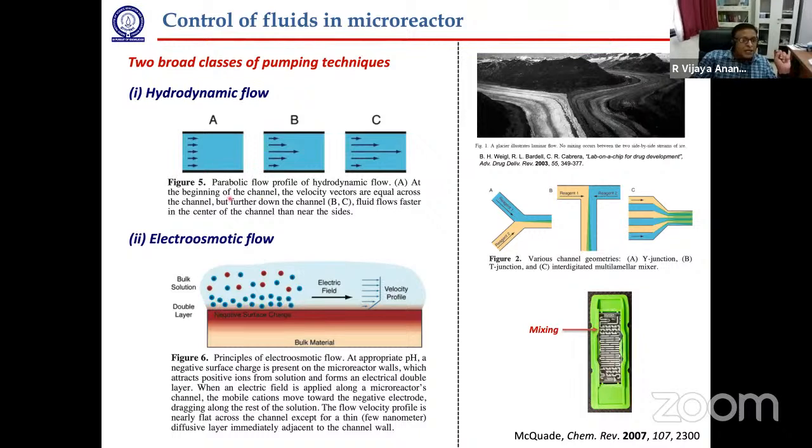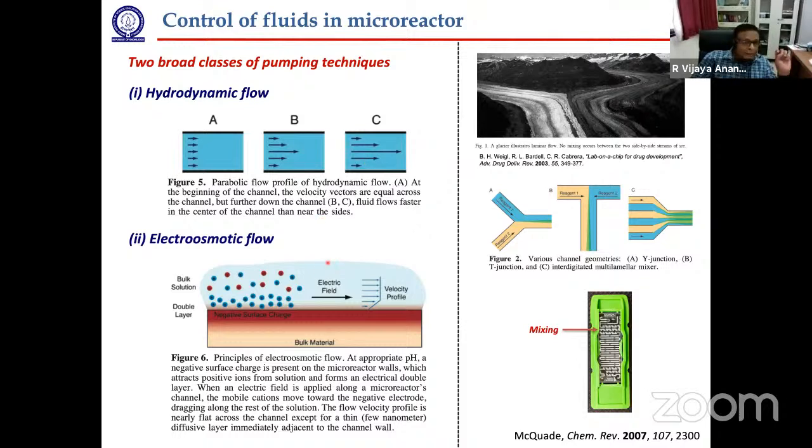You can see at the beginning of the channels, the velocity vectors are equal across the channel, but further down in channel B and C, you can see the fluid flows faster in the center of the channel than at the sides.